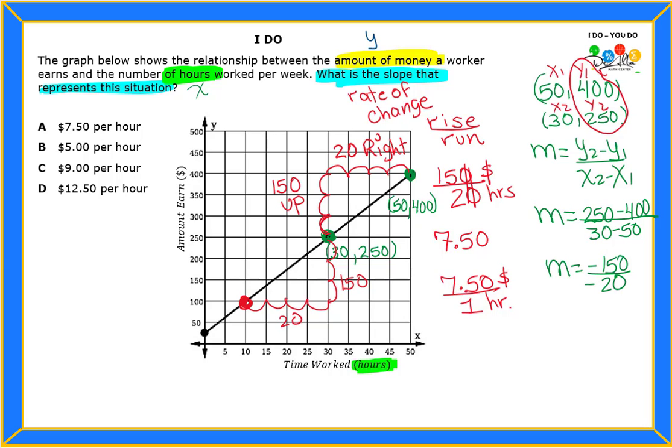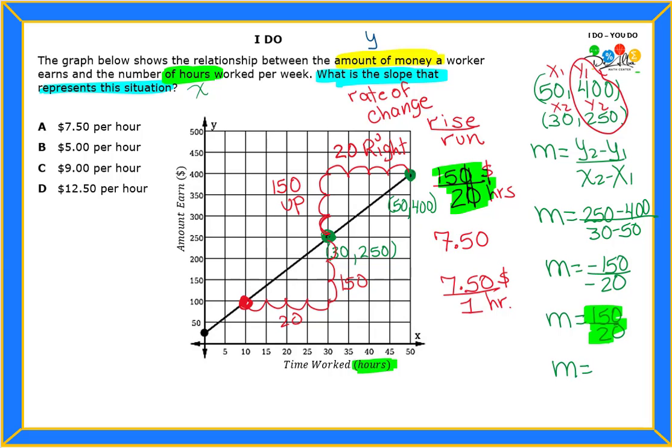And I know what you're thinking, Miss, that's not the same answer. Well, remember that a negative divided by a negative is actually a positive. So this is what I actually have. Now I want you to look at that answer and at the one that I found when I did rise over run. What do you notice? It's exactly the same.